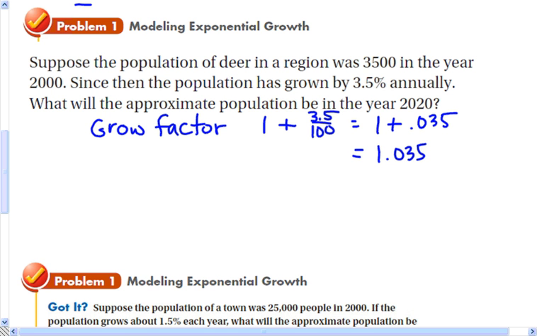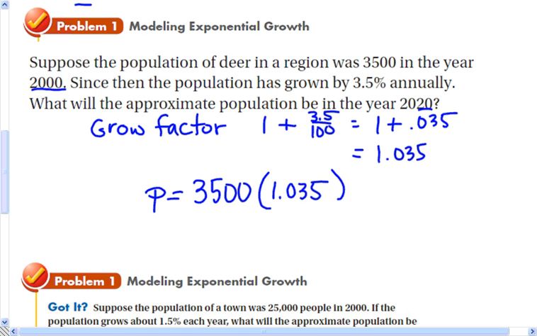So my initial population of deer is 3,500. Then I multiply by 1.035, and I need to multiply by that number as many times as the number of years that this population is growing. Since we're going from the year 2000 to the year 2020, that would be 20 years. So I'm going to do this to the 20th power.